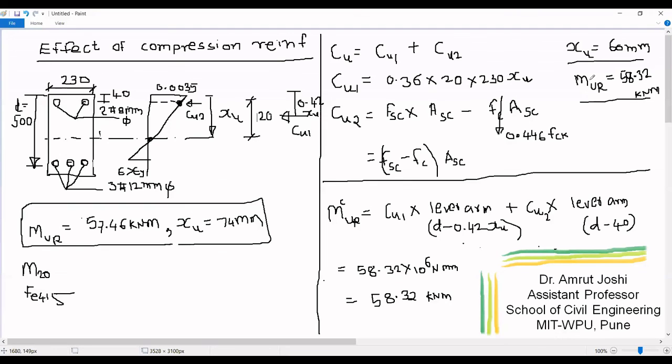So what is the effect of compression reinforcement on moment of resistance of a section? There is marginal increase in moment of resistance. And the second effect of compression steel is it takes the neutral axis above. Therefore, cross section with compression steel is more under reinforced than the cross section without compression steel.